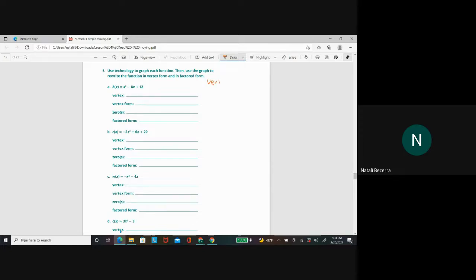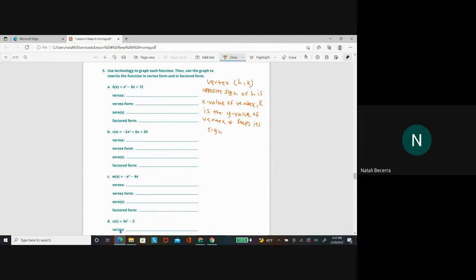The vertex is your h comma k, and the opposite sign of h is the x value of the vertex. k is the y value of the vertex, and keeps its sign.